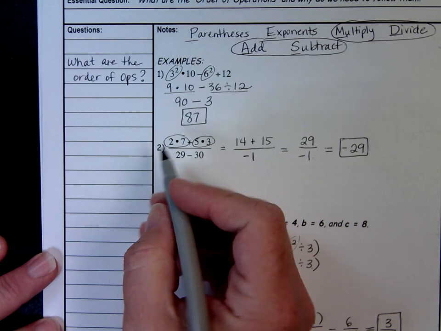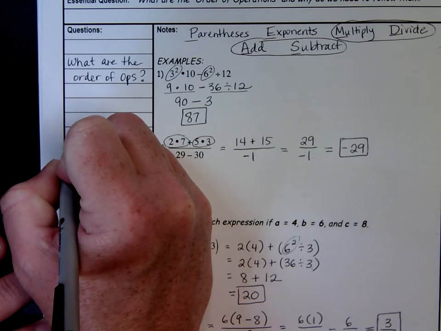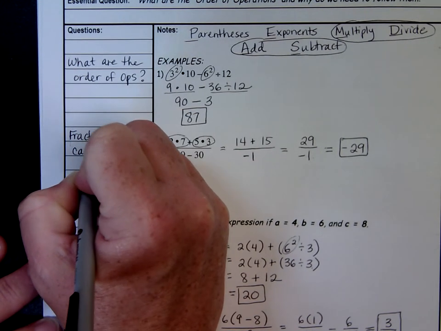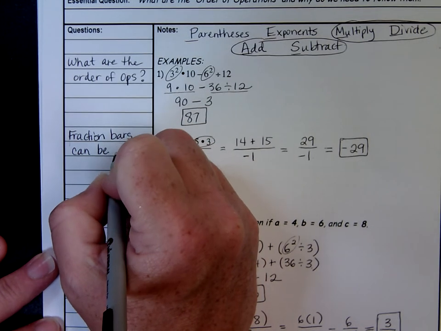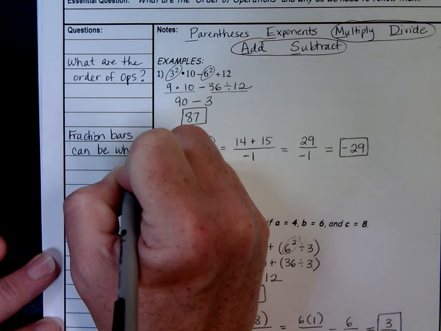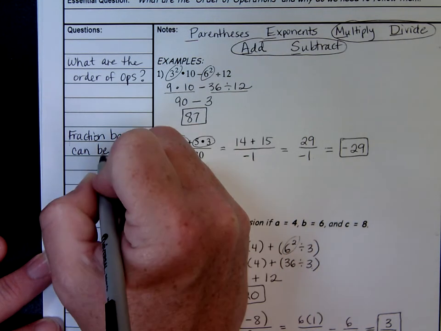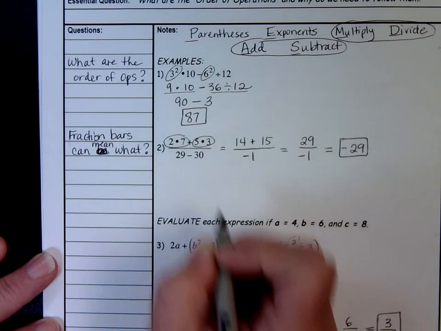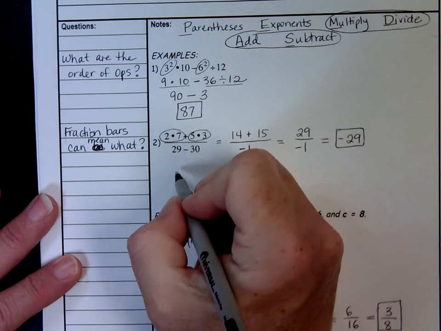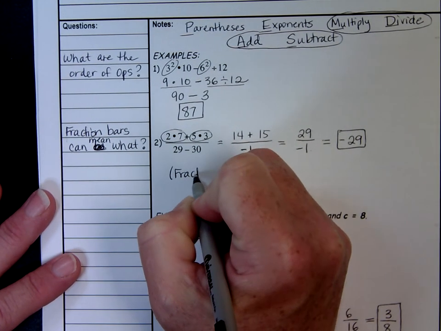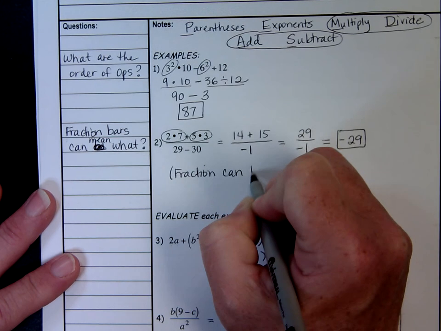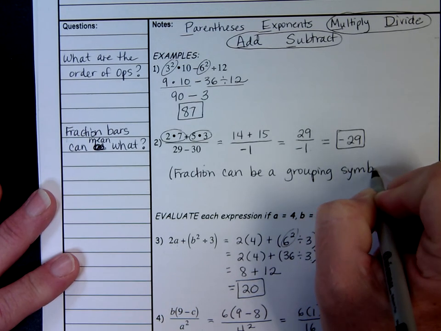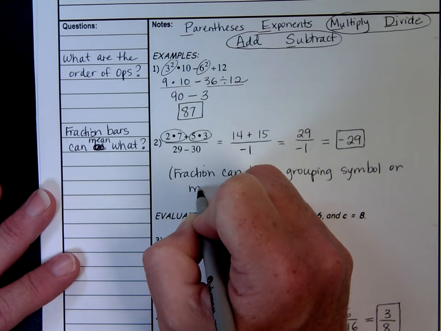Here for number 2, we might say fraction bars can be or can mean what? Well, we talked about a fraction bar being a grouping symbol, or it can mean division.